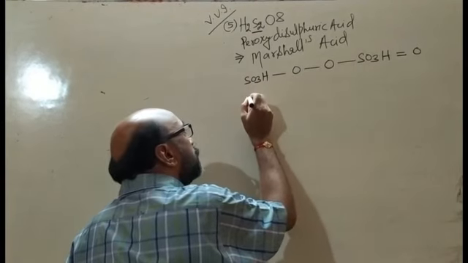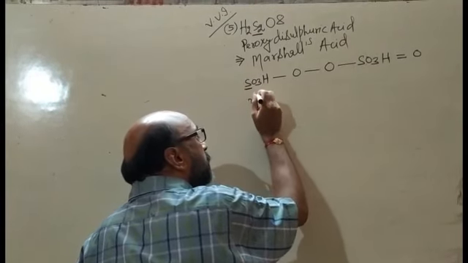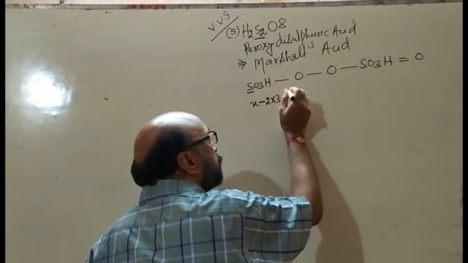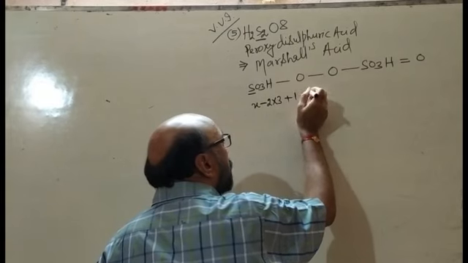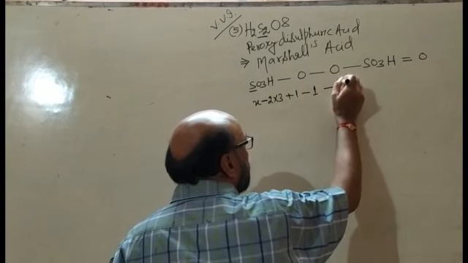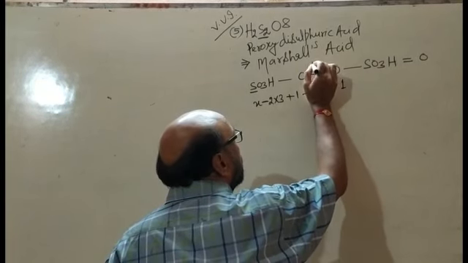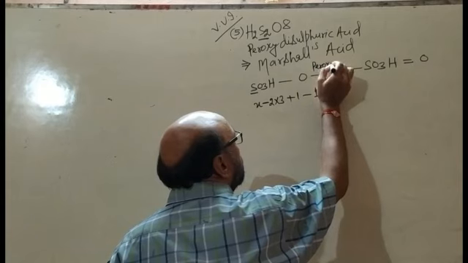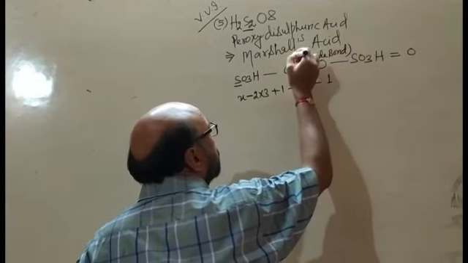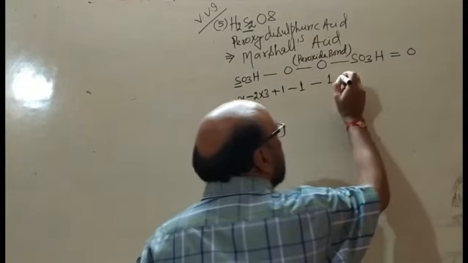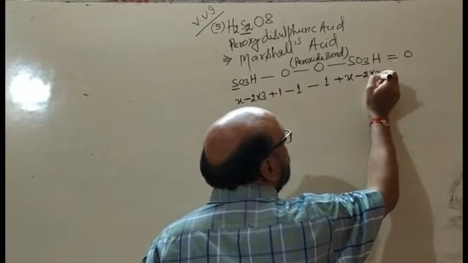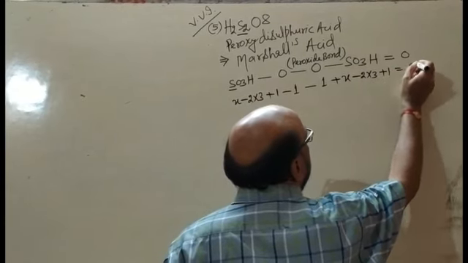So we shall use x for this sulfur, -2 into 3 for these 3 oxygen, +1 for hydrogen, and -1 for these 2 oxygen, which are linked by a peroxide bond. Plus x, -2 into 3, plus 1 is equal to 0.